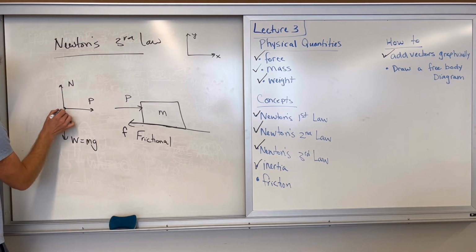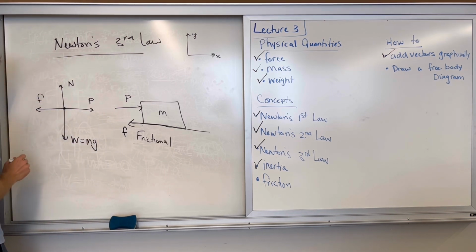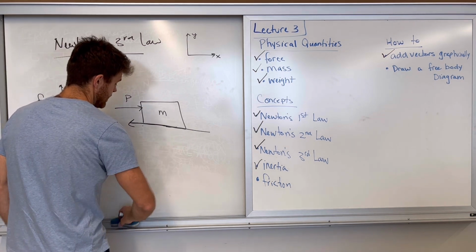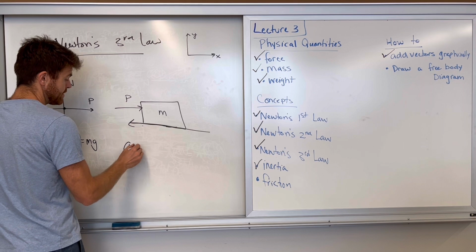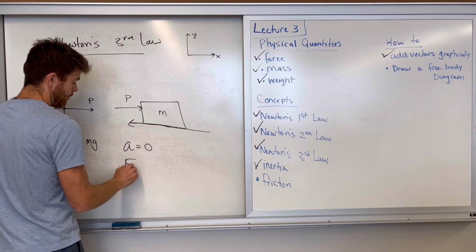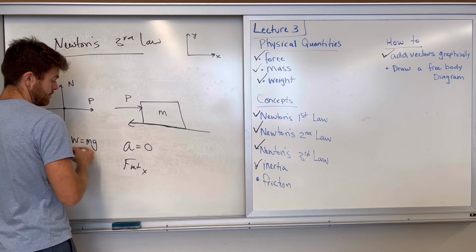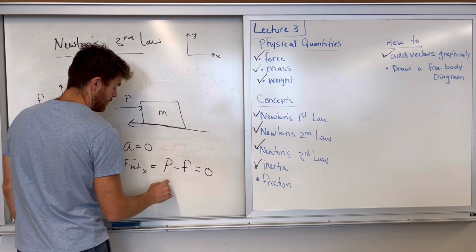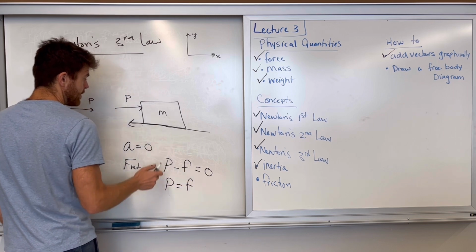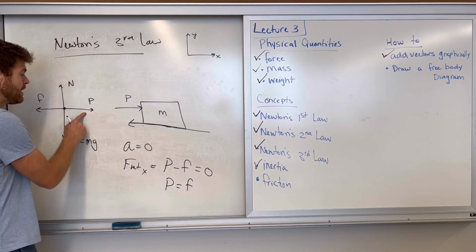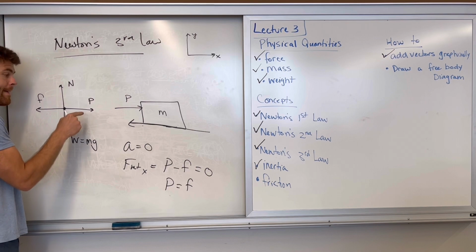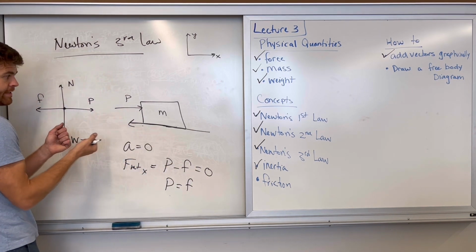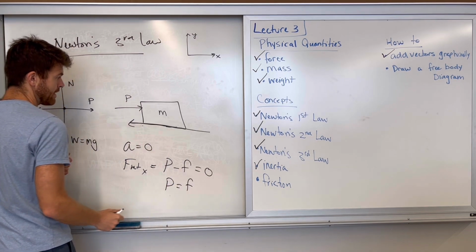So there is a frictional force that opposes the push. And because it's at rest, we know that acceleration is equal to 0. So the net force in this direction must be 0, so P minus f equals 0, P equals f. So the friction equals the magnitude of that push. They're in opposite directions, but the same in magnitude.